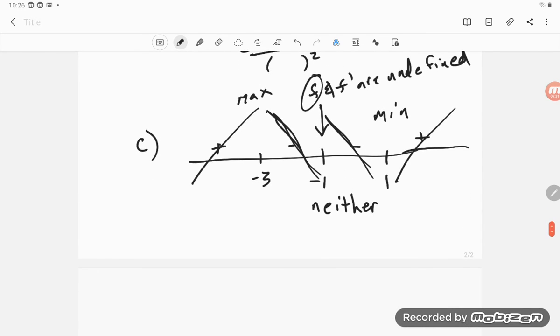Okay, so I have a relative max at x equal -3 and a relative min at x equal 1.